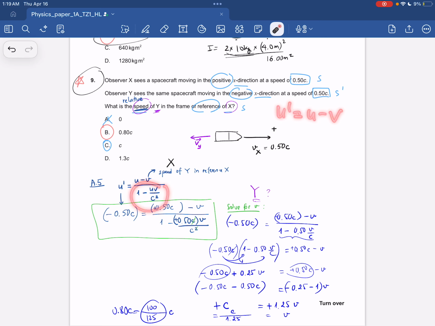If it is pretty small compared to 1, then the denominator just equals 1. But in this case, the v is significant enough, that's why please use this equation. That's basically just math. Please let me know if you have any question. Thank you.